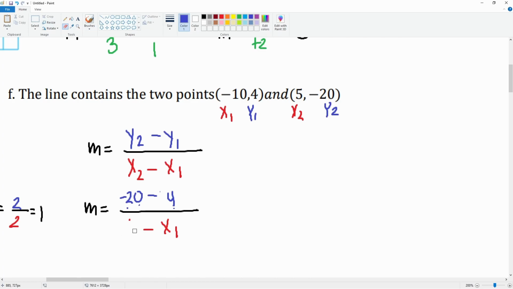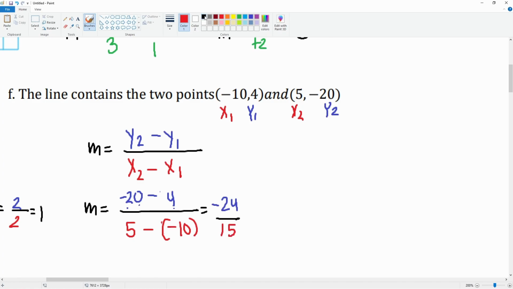And x2, which is 5. And x1, it is minus 10. Okay. So how do we do this? Let's see. All right. Negative 20 minus 4, it is negative 24 divided by, what is 5 minus negative 10? That is an addition, so that is 15. Okay.